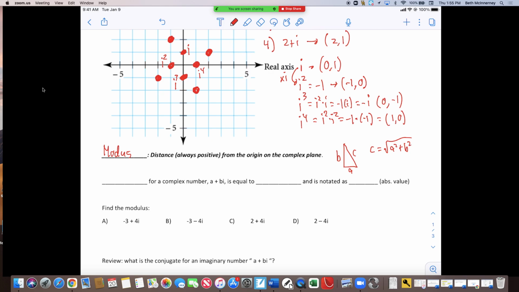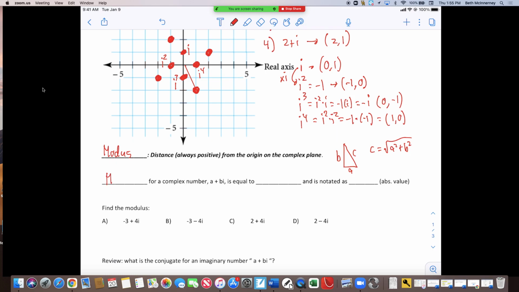And so when you look at the graph that we've made, if we want the distance from the origin out to this point, that's really just the length on the real axis squared plus the length on the imaginary axis squared and the square root of that, just like how we solved in geometry. We're going to treat it just about the same.